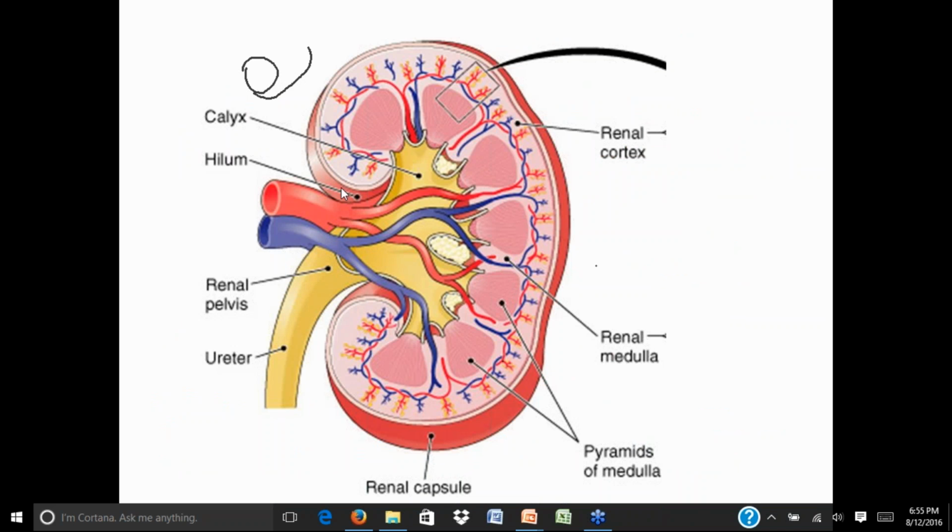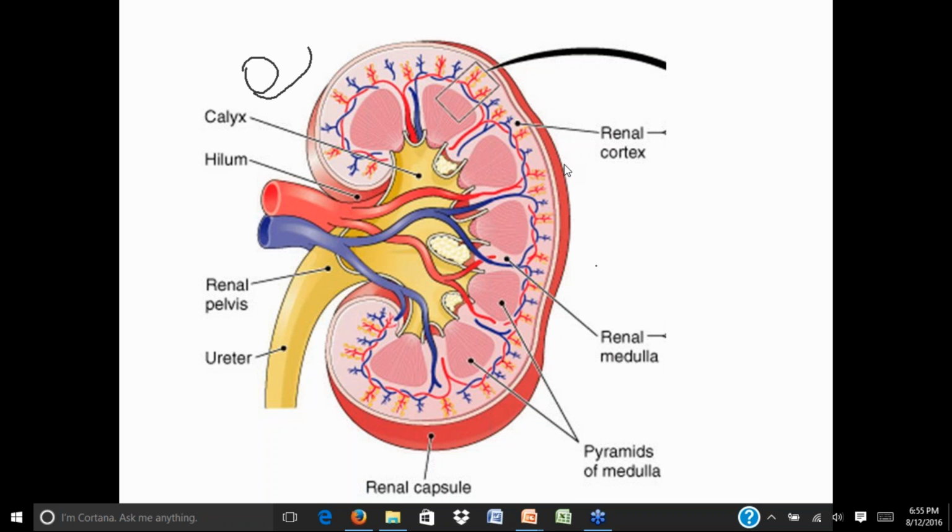You need to remember that the kidney has a capsule. This capsule is a very strong structure that is going to keep the shape of the kidney, and it's not distensible. It's very difficult to distend because it's a very hard structure.